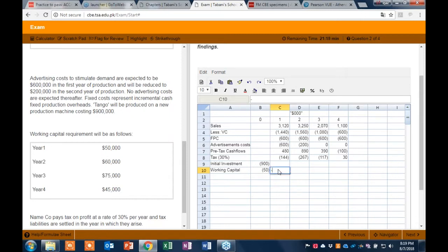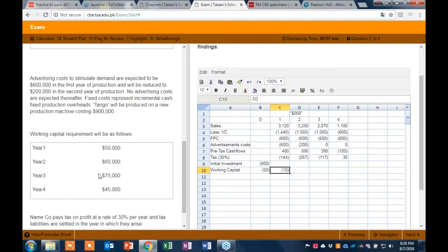So we'll just have to invest a further $10,000 because we have already invested $50,000. So we'll just have to adjust up to $60,000 by investing a further $10,000.